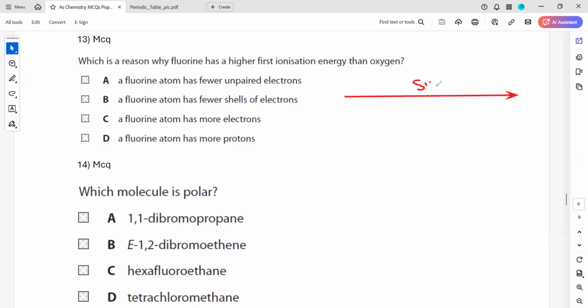So fluorine is smaller in size and has more protons compared to oxygen. That's why there is stronger attraction for a small size, so the first ionization energy of fluorine will be higher.